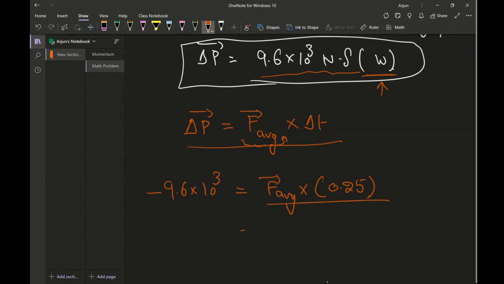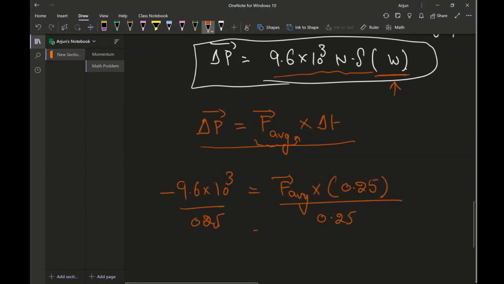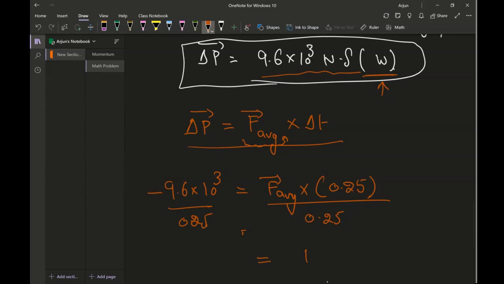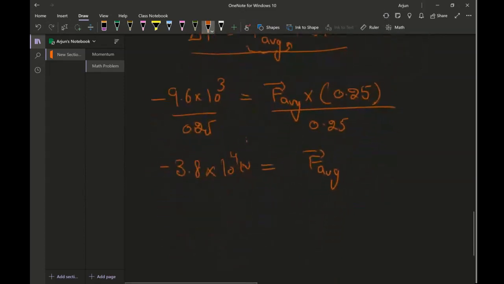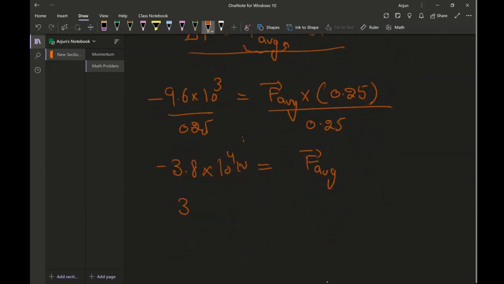Dividing both sides by 0.25, force average will be 3.8 times 10 raised to the power 4 newtons, which is a negative number. Because it's negative, I'll write it as net force average equal to 3.8 times 10 raised to the power 4 newtons in the west direction.